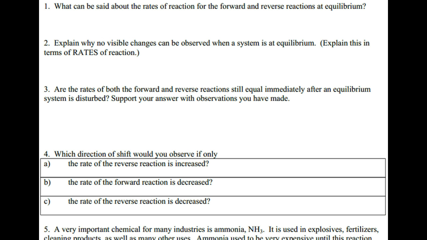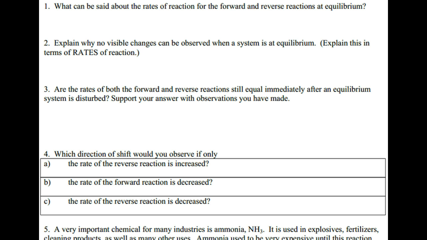For number 1 on the back side of the sheet, what can be said about the rate of reaction of the forward and reverse at equilibrium? Well, at equilibrium, the rates are equal to one another, the denominator and the numerator, and K equilibrium would be equal to 1.